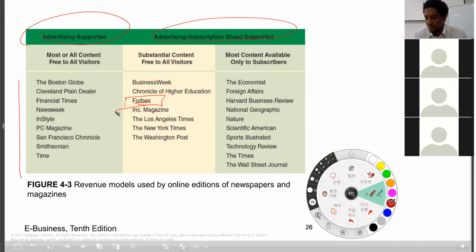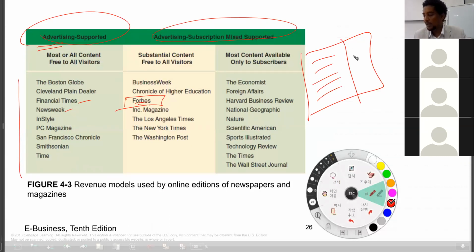Okay, but only advertising, this Newsweek, for example, Financial Times, you can read for free, right? But they have advertising. So on their website, you can read the content of Financial Times for free, but they advertise products on their website. So they are only dependent on advertising.